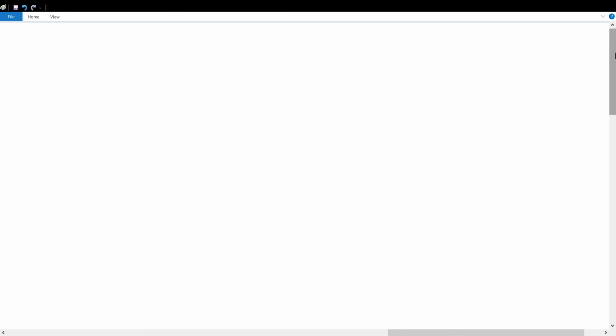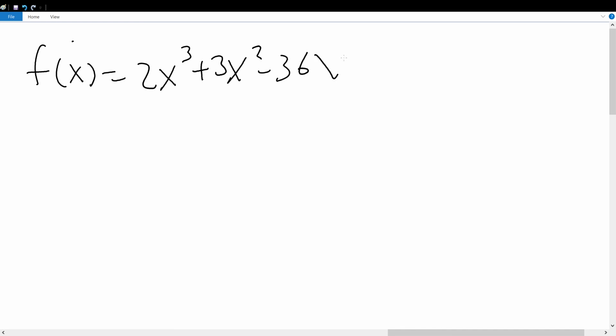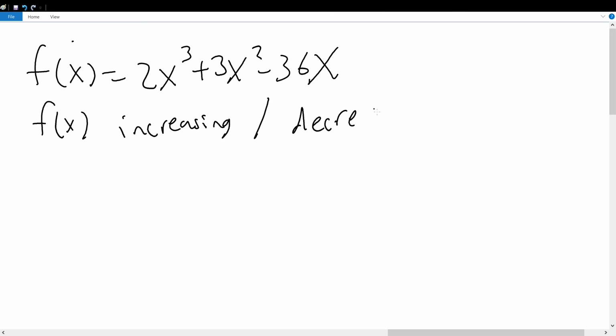Lastly, another question you might encounter is when you're given a function like 2x cubed plus 3x squared minus 36x, and you want to find what intervals f of x is increasing or decreasing. In order to find this out, we can again find the maximum and minimum points of this function.